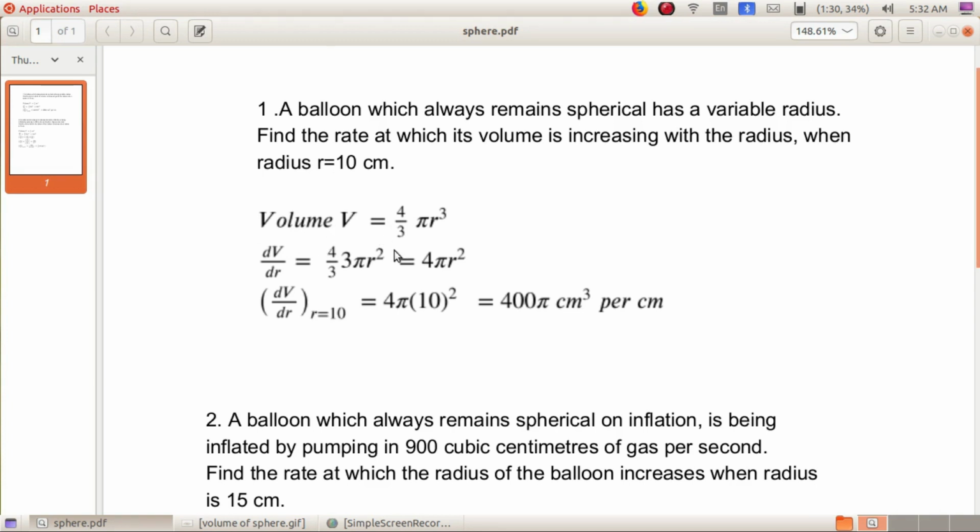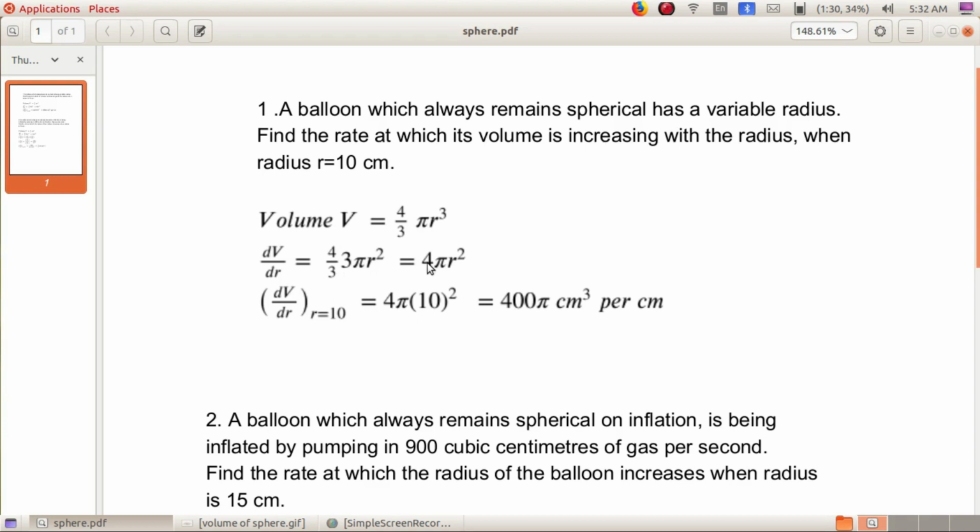Volume V equal to 4 by 3 pi r cubed. We have to find the rate at which its volume is increasing when the radius is 10 centimeter. So we have to find the derivative of V with respect to r. 4 by 3 pi into the derivative of r cube, which is 3r square.